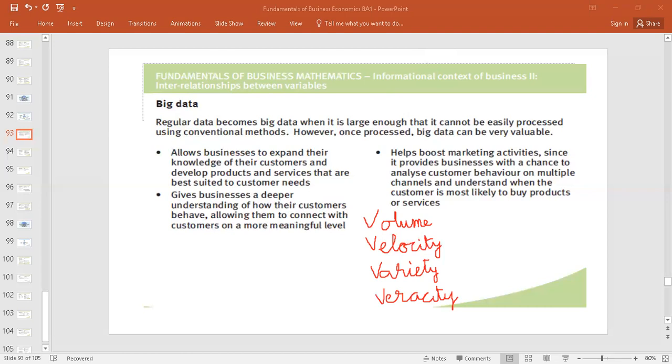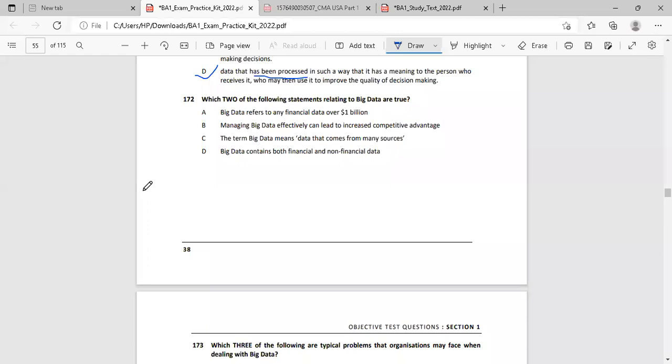look at the question. 172, which two of the following statements relating to big data are true? Big data refers to any financial data over $1 billion.